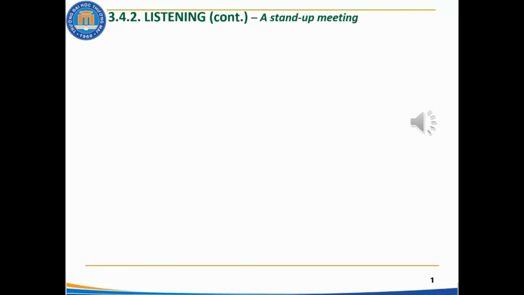We continue with the listening section, a stand-up meeting. So in the second part of the listening, we have listened to Jack, Son, and Tom report their work during the stand-up meeting.